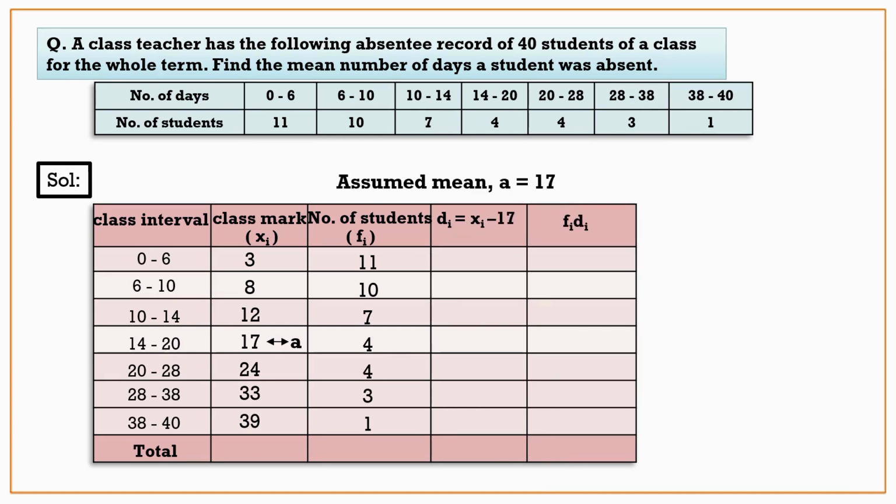So now di equal to xi minus a, means xi minus 17. Now let's calculate 3 minus 17, 8 minus 17. Here also we can't take the h value because h is not the same in all the rows. So we have to calculate in this way. We have to do xi minus 17.